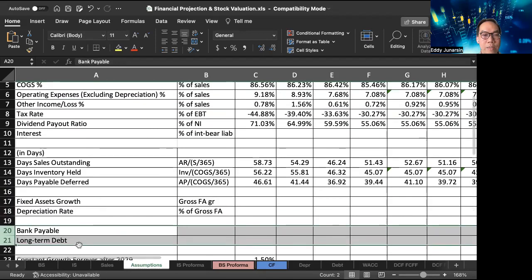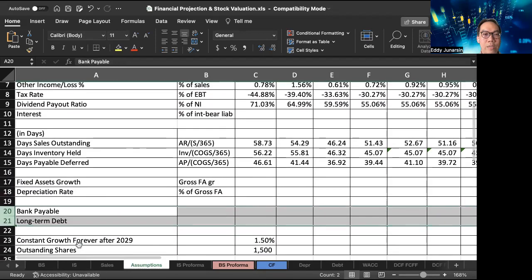So essentially, the items related to fixed assets and the items related to debt or liabilities, especially long-term liabilities, are conducted separately in separate sheets.